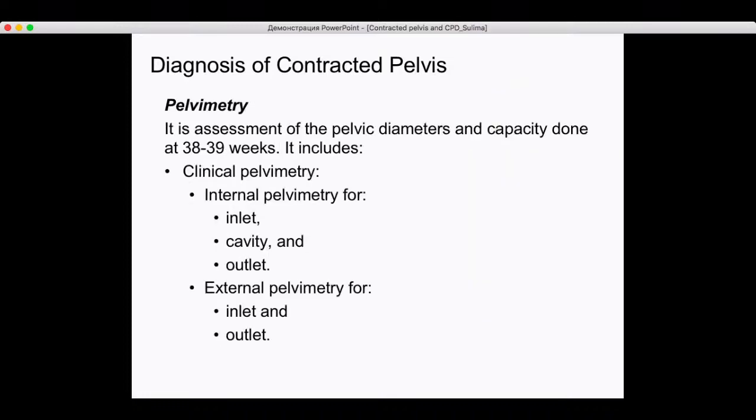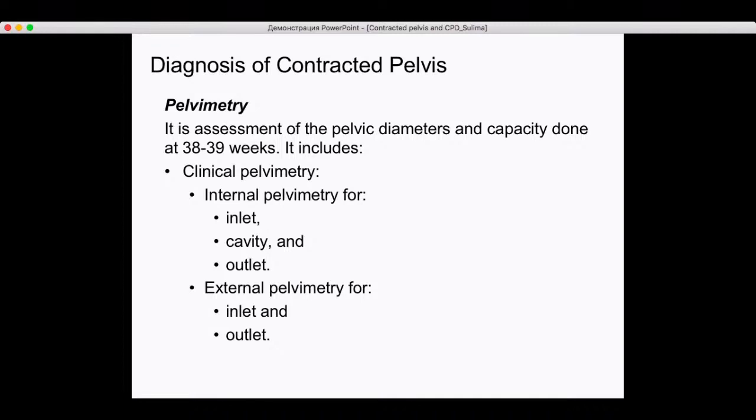Of course, each pregnant woman should have her pelvimetry. It is the assessment of the pelvic diameters and capacity done at full-term pregnancy. Usually we do it at her first visit to the outpatient department, and then we evaluate pelvimetry again at 38 or 39 weeks of pregnancy.